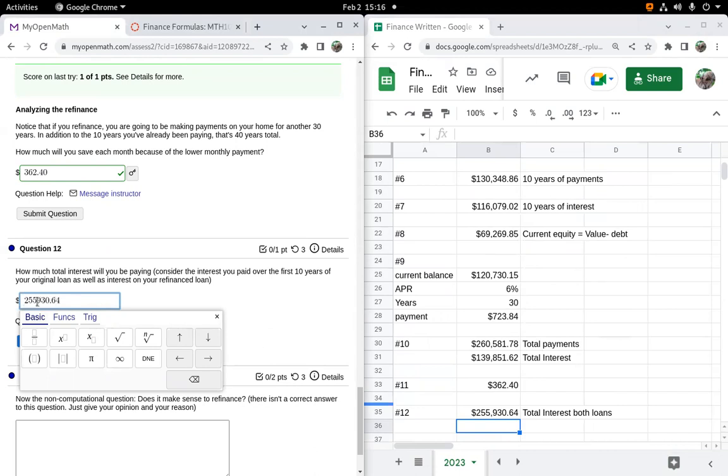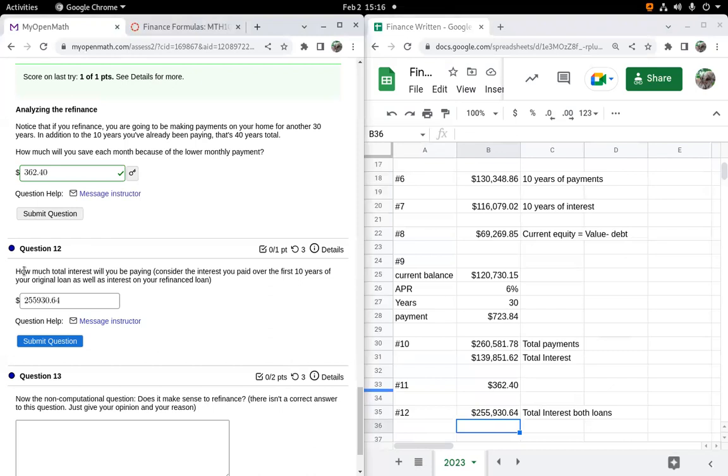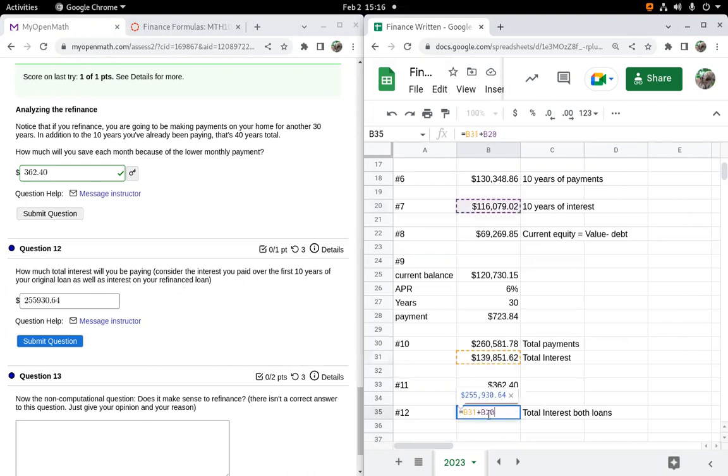Did I type it correctly? 255, 930, 64 looks good to me. Did I answer the right question? How much total interest will you be paying? Consider the interest you paid over the first 10 years. Got it. Of the loan, as well as the interest that's going to be accumulated on that refinance, which is this right here. And did I click on the two right numbers? Boom, boom, looks good to me.